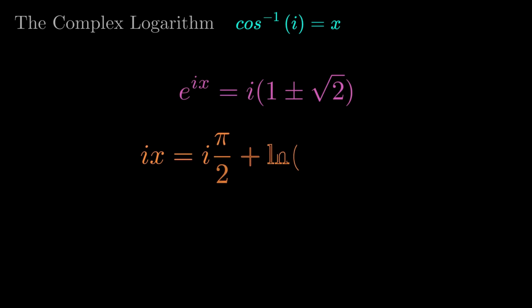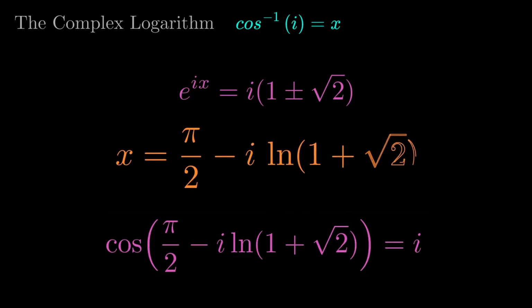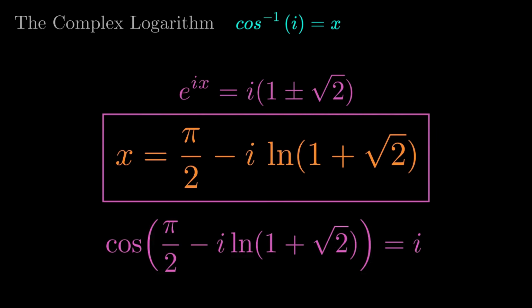So we get ix equals i pi over 2 plus ln of 1 plus square root of 2. Finally divide by i. Since 1 over i equals minus i, the result becomes x equals pi over 2 minus i times ln of 1 plus square root of 2. That's the principal value, and it's exactly arc cosine of i.